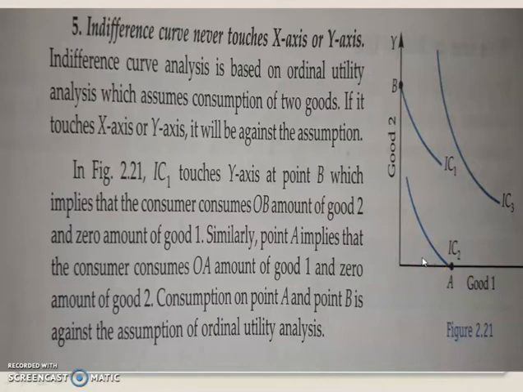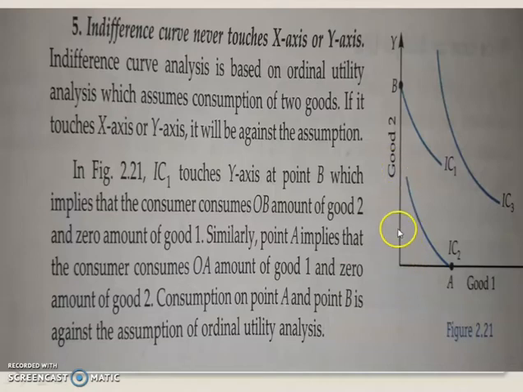Similarly, point A, where the indifference curve touches the x-axis, implies that the consumer consumes OA amount of good 1 and 0 amount of good 2.